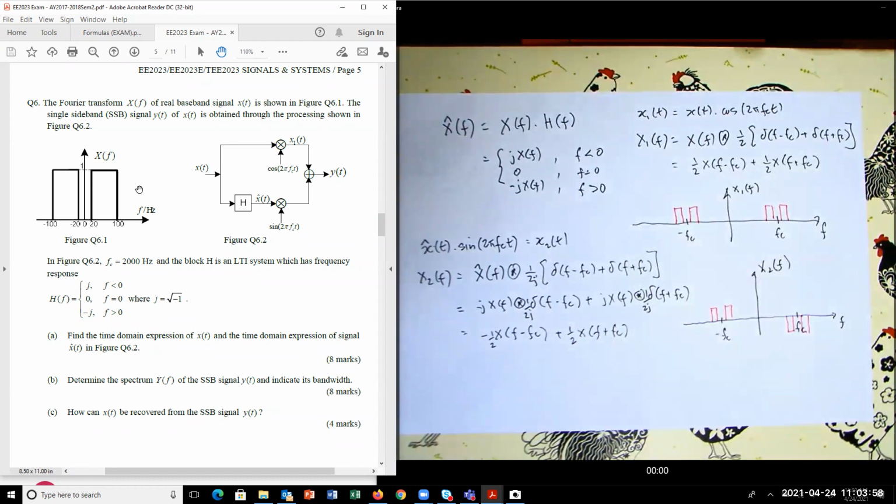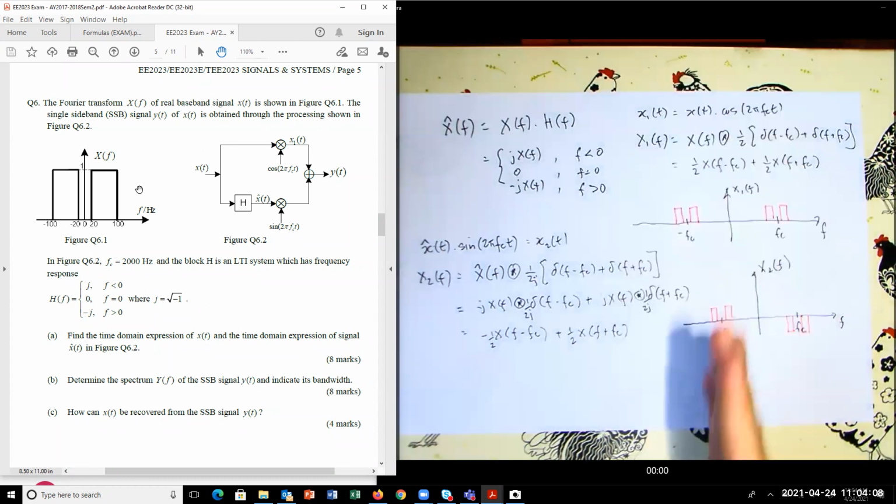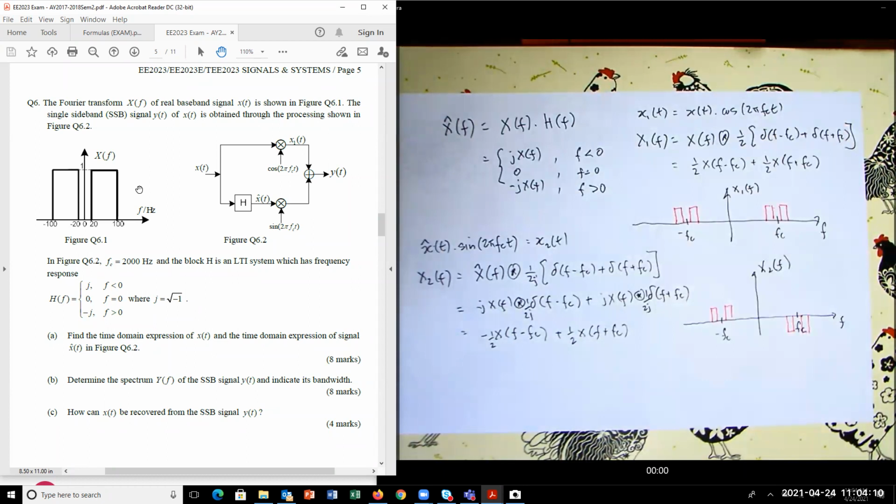Now you're going to add X1 and X2. I should align it a bit, but I have to shift it. I have to add them, which is what it's telling us here: y(t) is adding them together. All right, I may have got something wrong here. Let me just see.